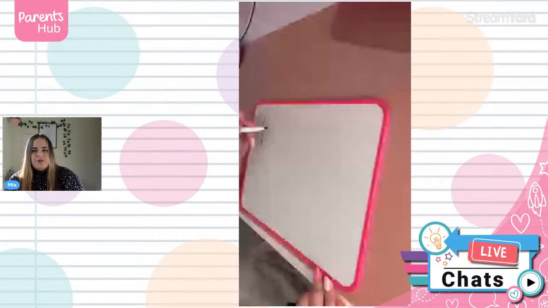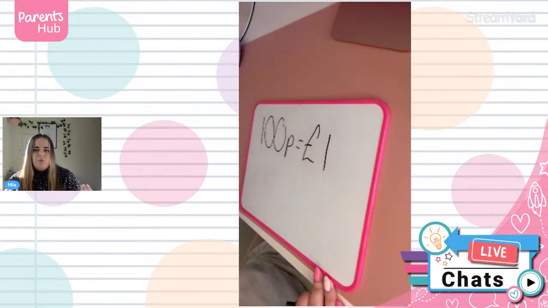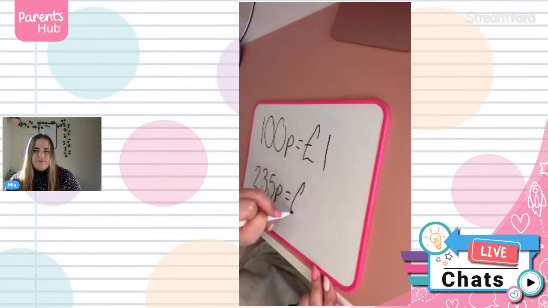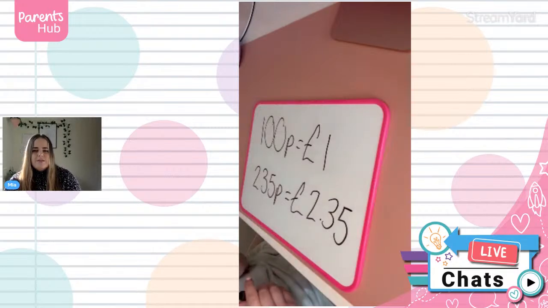A way I would set up an activity on converting money is, first of all, to write out the conversions. On my whiteboard, I'm writing out 100p is £1, and then I know that 235 pence is £2.35. With this, your child is really getting to know the decimal notation in money.